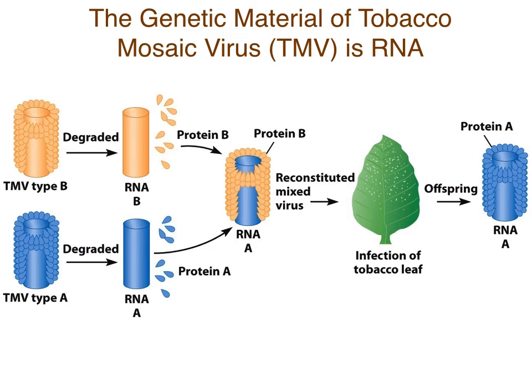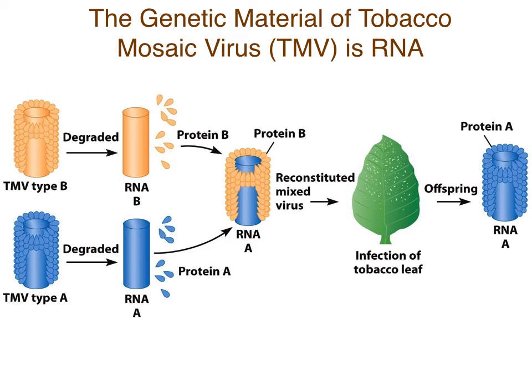This diagram shows the basics of the experiments. Basically, they would degrade each of the two types of viruses, shed them of their protein coat, and expose them to the opposite protein coat, so you get a hybrid type of virus.